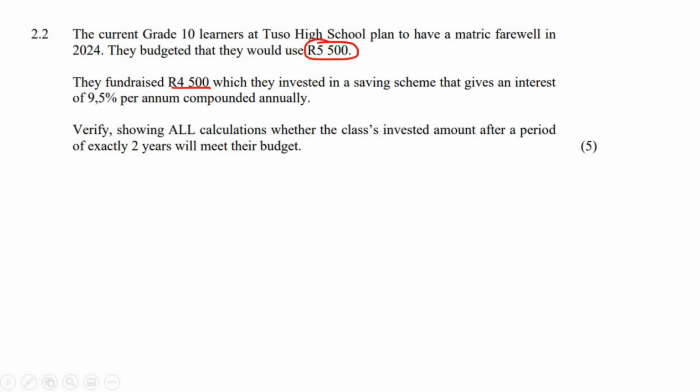So what they're thinking of doing now is to put this into some type of investment account where they can earn interest. And they want to know if it will be able to earn enough interest to become 5,500 Rand in a 2-year period if they are earning 9.5% compounded annually.